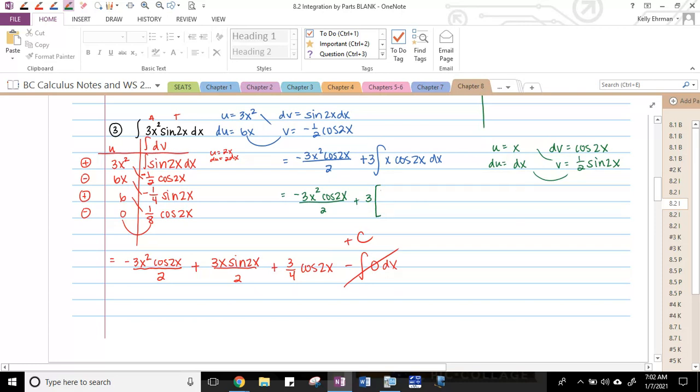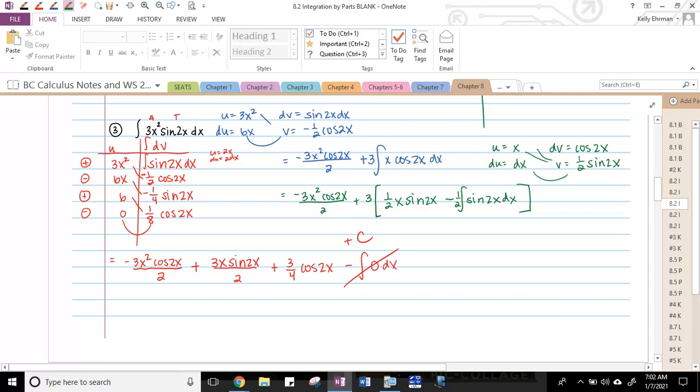So I'm going to put 3 outside of brackets here. uv is 1/2 x times sine 2x. That's a good sign, right? Because when I multiply by 3, it matches my second term. Minus the integral of v du. So minus, let's pull this 1/2 out, 1/2 sine of 2x dx.